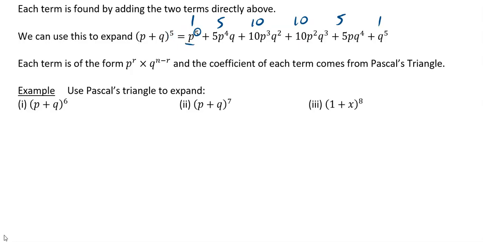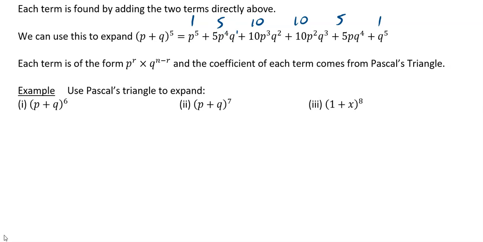Your next term is then 5 times p to the power 4. So our power of p goes down by 1, and as it goes down by 1, the power of the other thing goes up by 1. So it's 5 p to the power 4. There were no q's here, so that was really q to the power of 0. You wouldn't write that in. So this now is q to the power of 1.